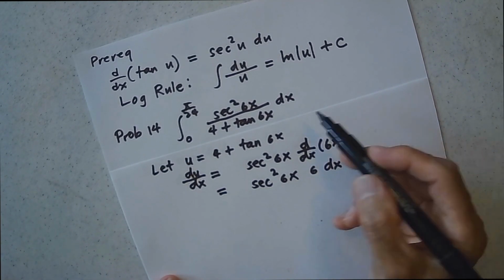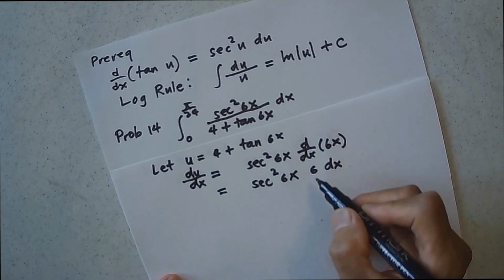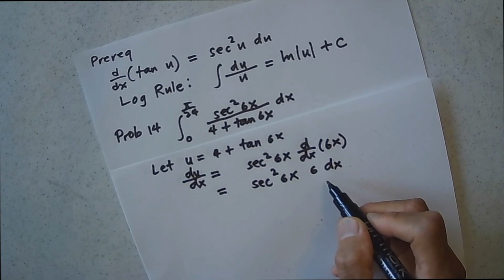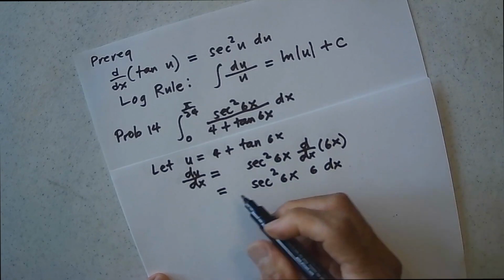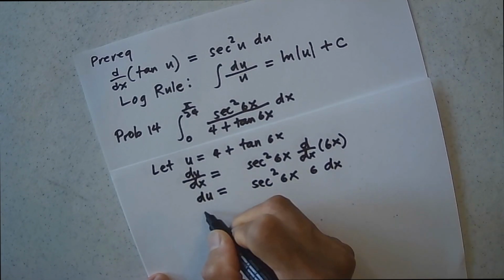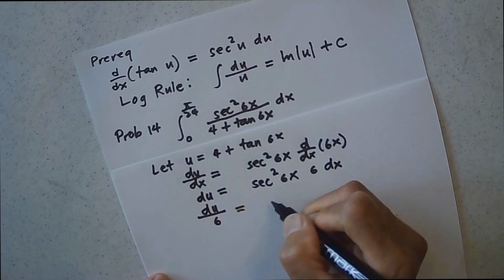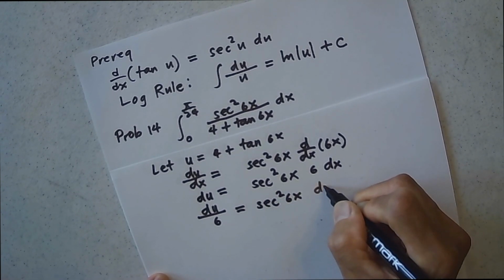You notice that your problem doesn't have the 6 there. So we're going to solve this for du and then do the necessary adjustment, okay? So I can write this as du over 6 is equal to secant squared 6x dx.